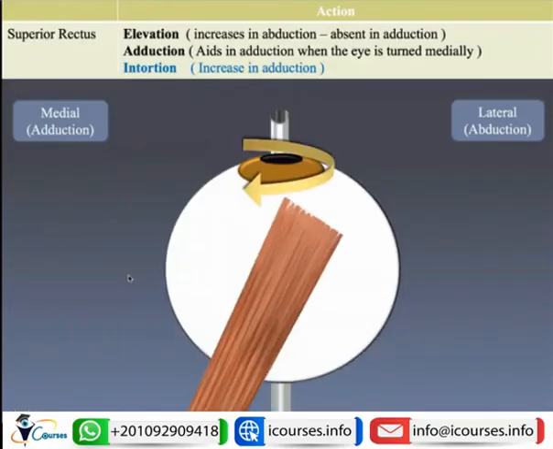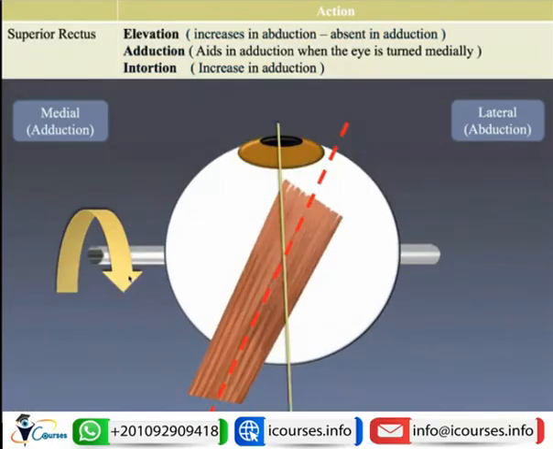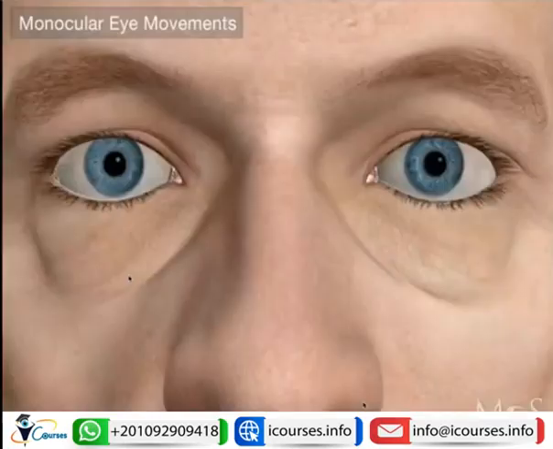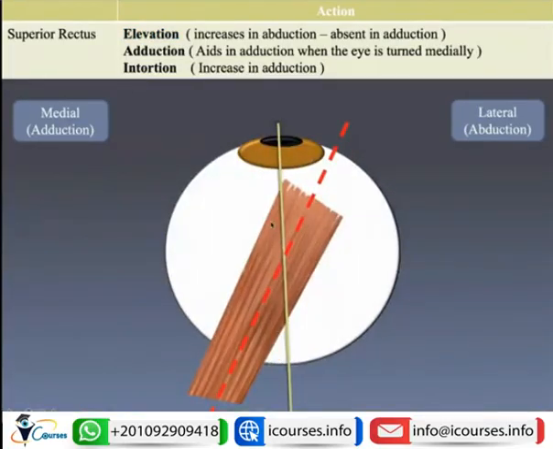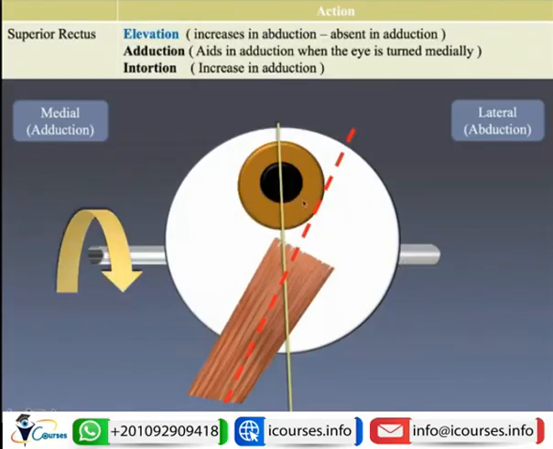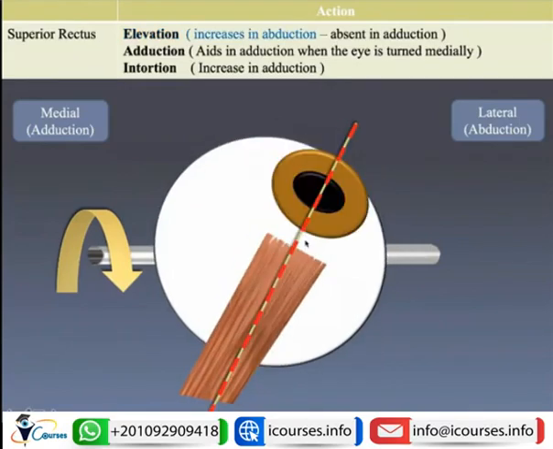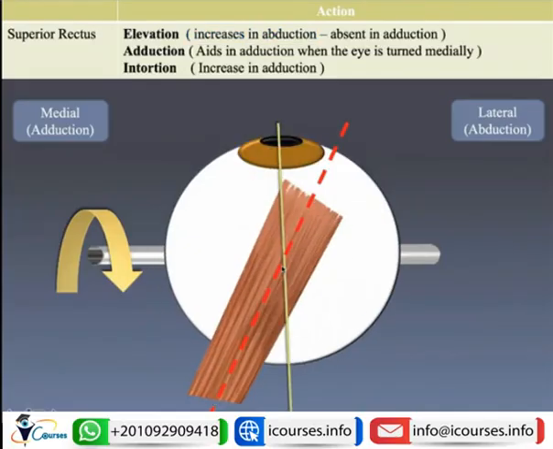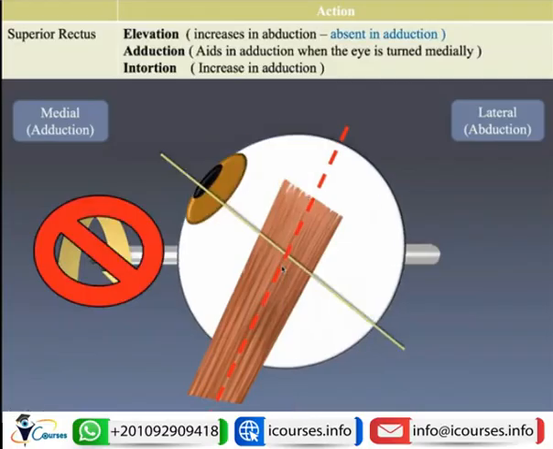So again, to summarize the action of the extraocular muscle superior rectus, here we have the primary action, which is elevation along the horizontal axis. This elevation increases in abduction because the muscle axis is coincidental with the eye axis, and is absent in adduction because the axis of the muscle is perpendicular to the axis of the eye.